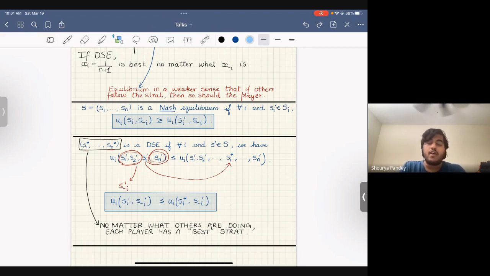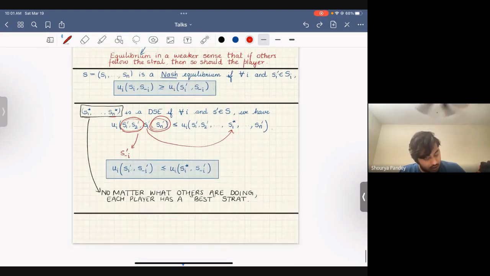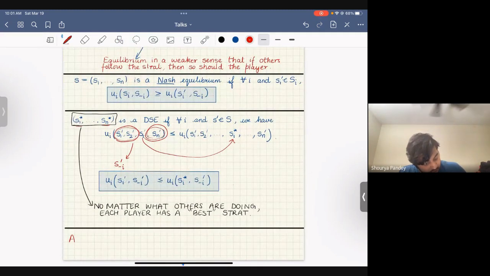And so it is not beneficial for a player to change their own strategy, assuming everything else is fixed. But in a dominant strategy equilibrium, it is not beneficial to change the strategy no matter what everyone else does. And so it directly means that a dominant strategy equilibrium is also a Nash equilibrium.